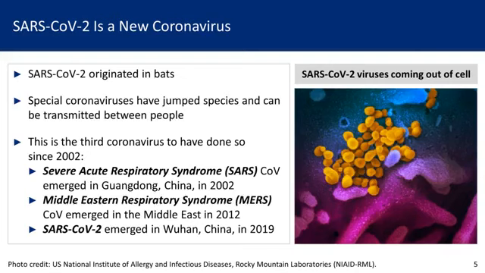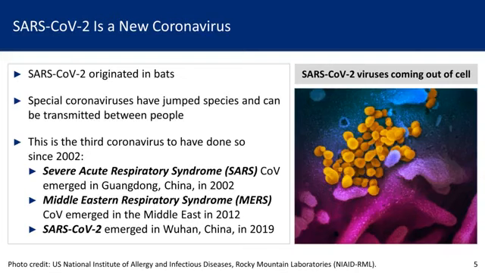The next virus to develop this trick was the Middle Eastern Respiratory Syndrome coronavirus, or MERS. That emerged in the Middle East in 2012 and still causes human infections and small outbreaks there. More recently, at the end of 2019, SARS coronavirus 2 emerged in Wuhan, China.